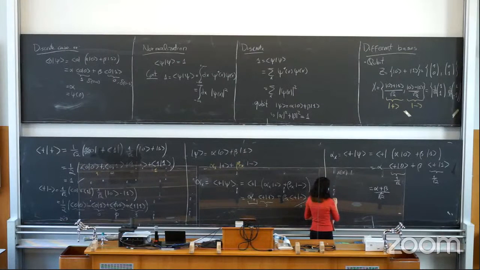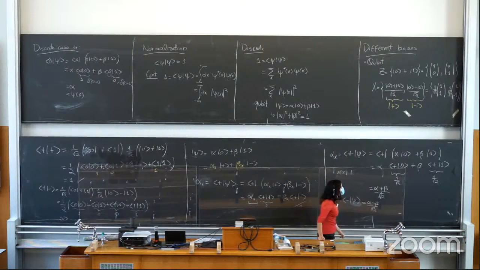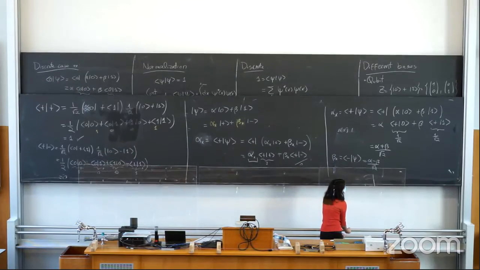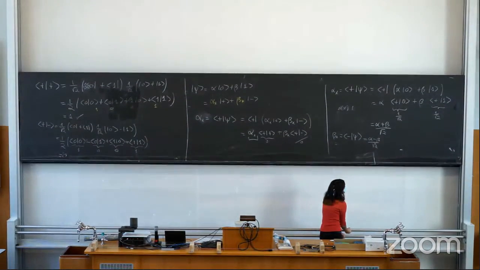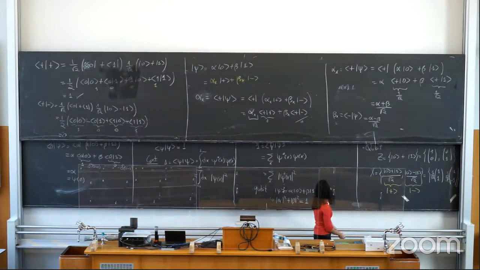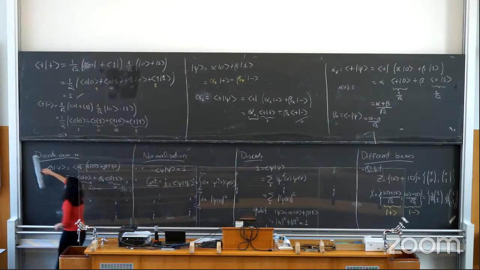And if you did the beta x, this would be minus inner product with this, and that would be alpha minus beta over square root of 2. So what is only missing here that I did not show were these inner products, right? So let's show them. Or you can try to do it now.